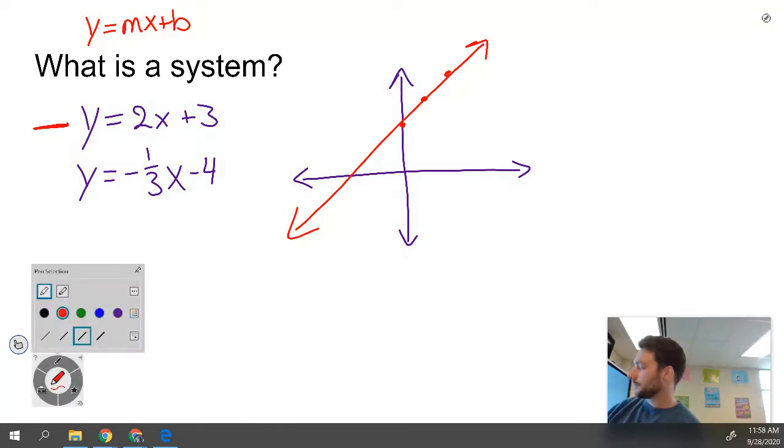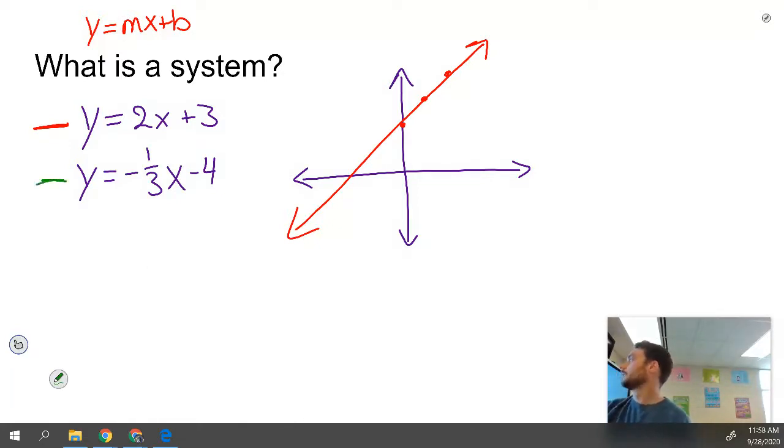And then at the same time, there's another equation. We'll put it in green here. So this one says, oh, my y-intercept is -4, so it'd be down here. And then this one says down 1 over 3. So down 1 over 3 would be more like this, nice and wide.